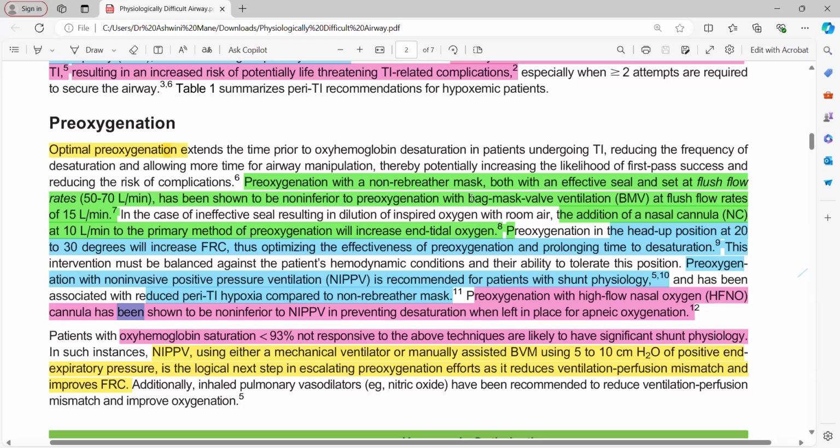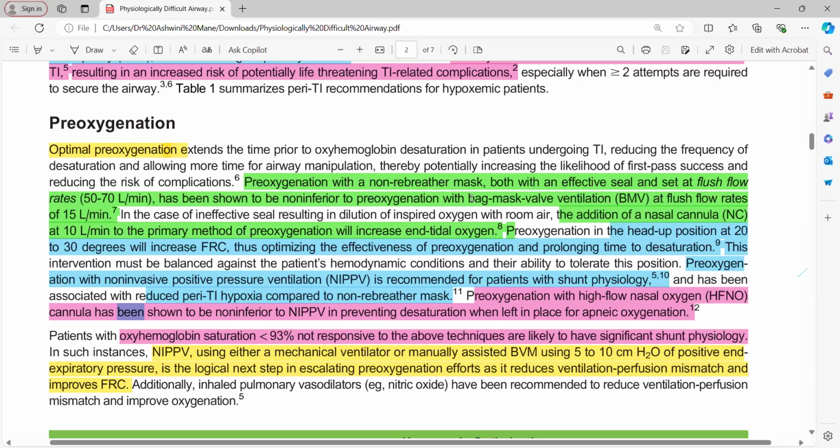Pre-oxygenation with NIV is recommended for patients with shunt physiology and has been associated with reduced peri-tracheal intubation hypoxemia compared to a non-rebreather mask. Pre-oxygenation with high flow nasal oxygenation is shown to be non-inferior to NIV in preventing desaturation when left in place for apneic oxygenation.